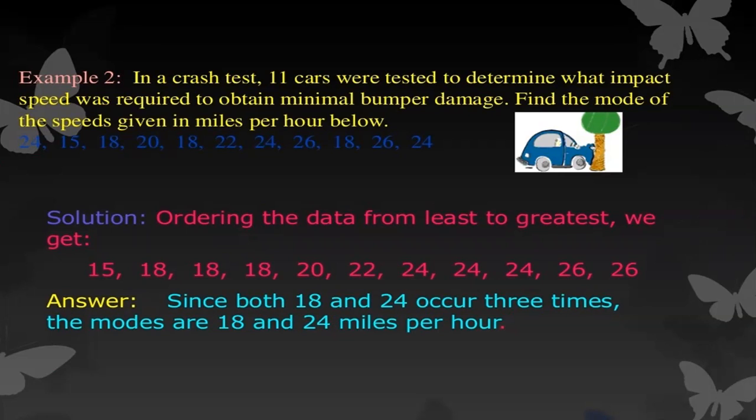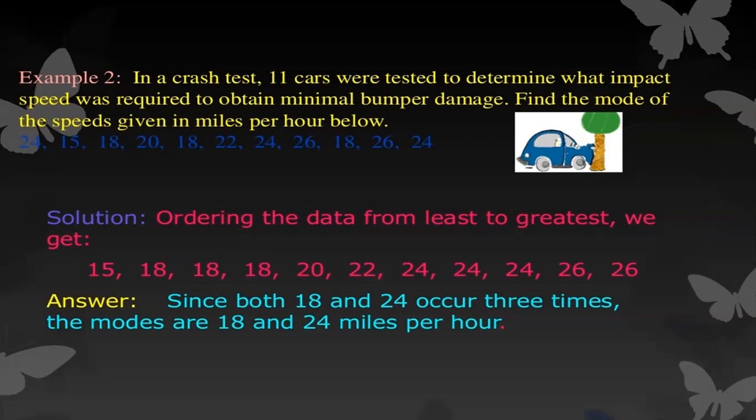The distribution can either be unimodal, bimodal, or multimodal. However, if each observation occurs the same number of times in a series, then there is no mode in that distribution. No modal value when each observation occurs the same number of times in the series.